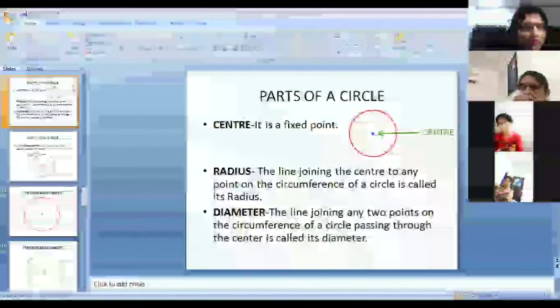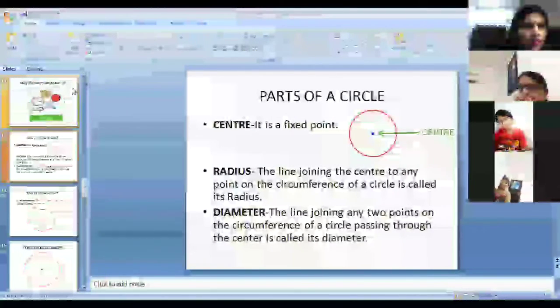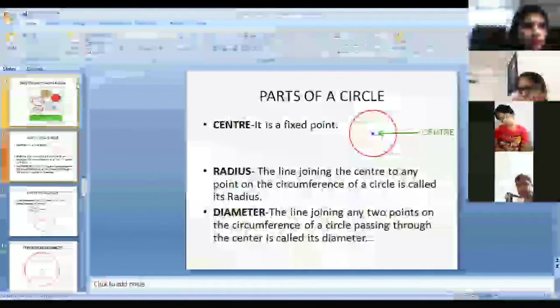Now coming to the next shape. Means next question. Just wait a second, children. Yes. Now, which shape is this? This C1, which shape is this? And how many sides and vertices it has? Please have a look.